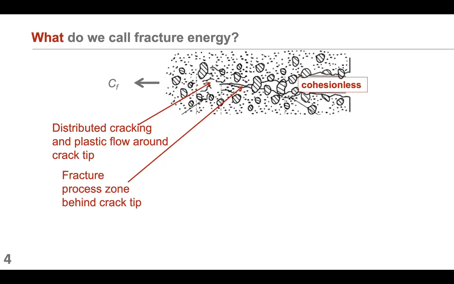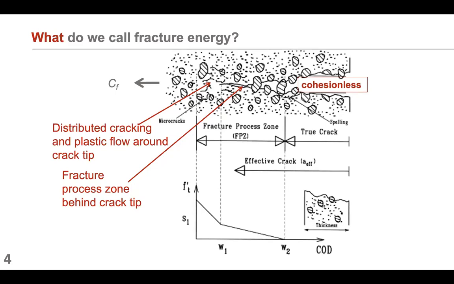So if we plot the evolution of stress within this crack propagation, the fracture process zone is really the size over which you lose the complete cohesion along the crack, sorry, along the crack tip.